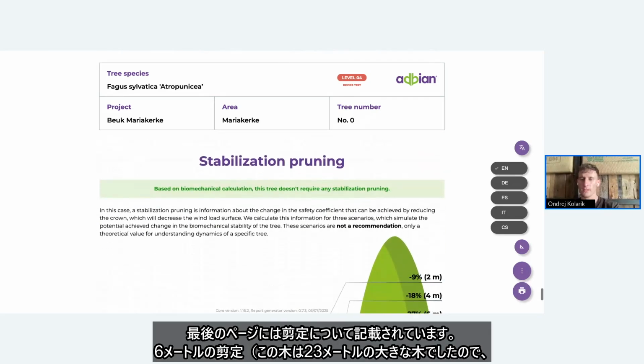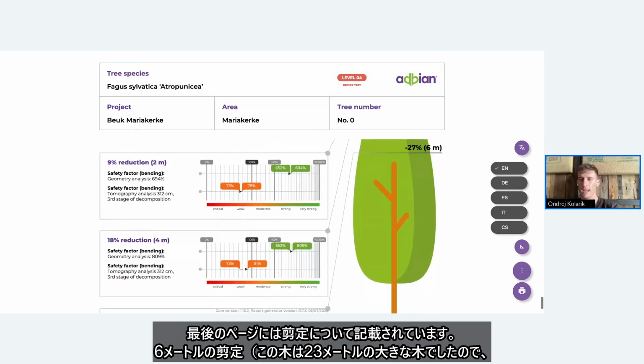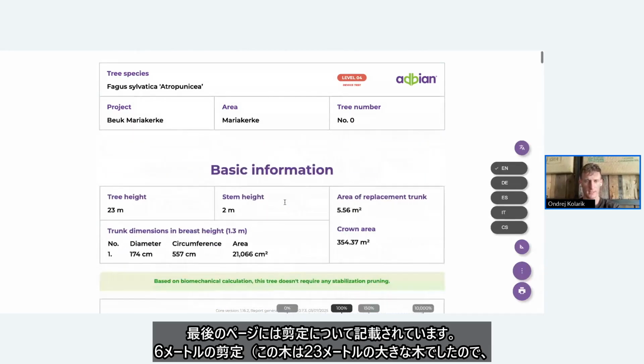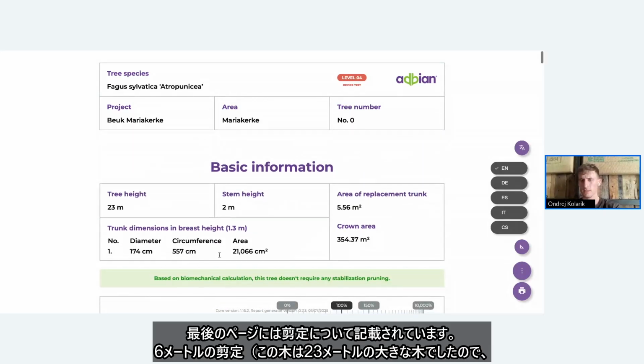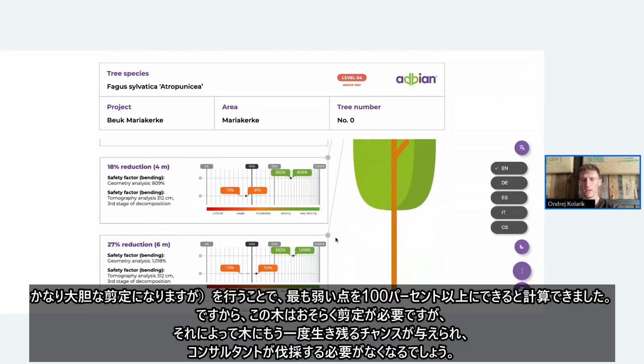So we also have here the last page, which is pruning, with which we've been able to calculate that with 6-meter pruning, and this was a big tree, it has 23 meters, which could be pretty drastic, you could get the weakest point to above 100%. So this tree will probably need some pruning, but it's going to give the tree another fighting chance, so the consultant doesn't have to cut it down.